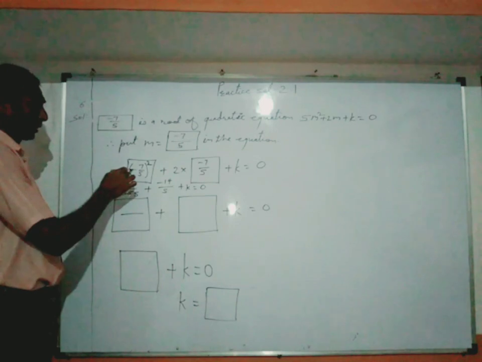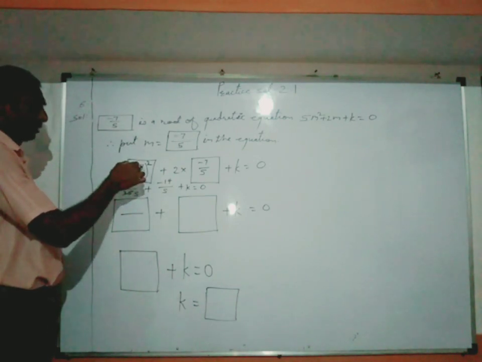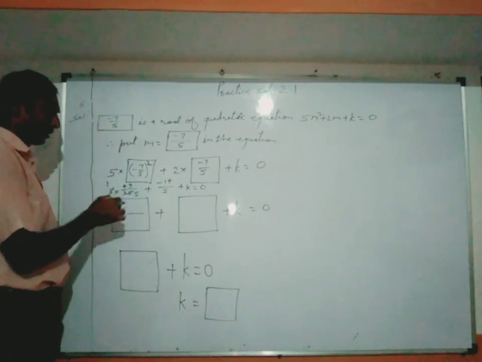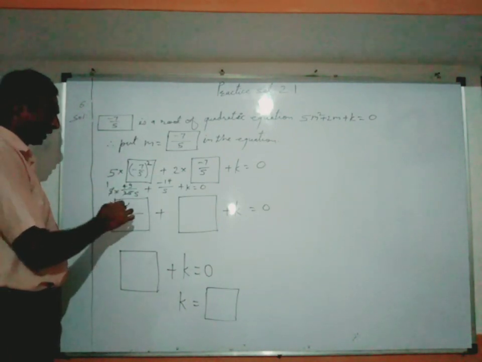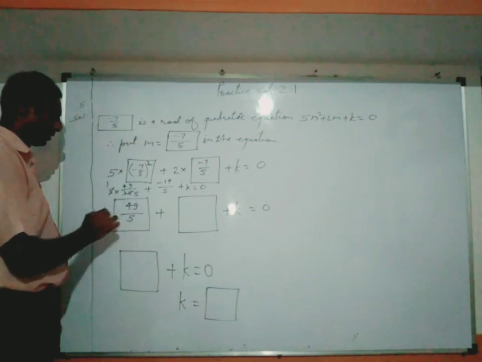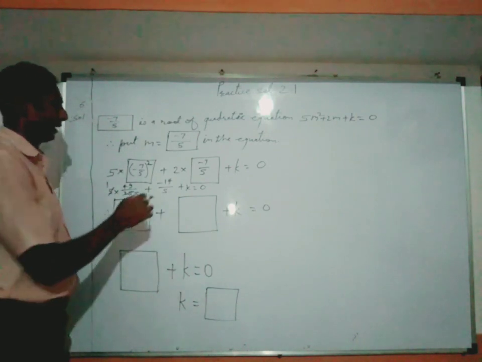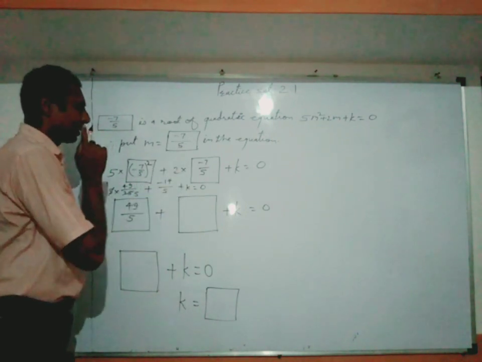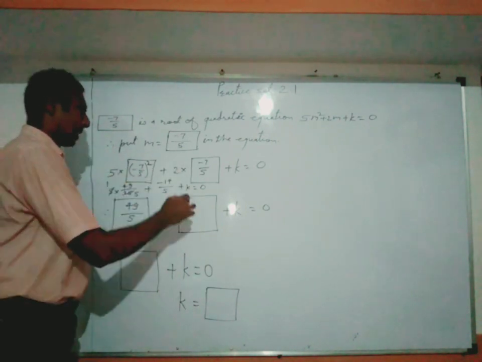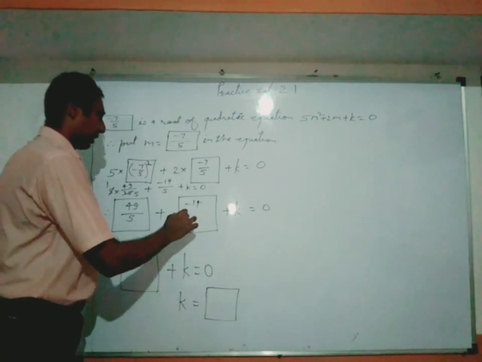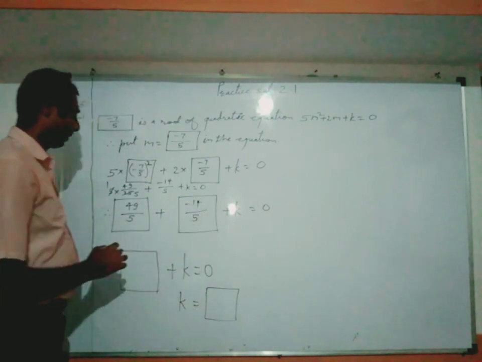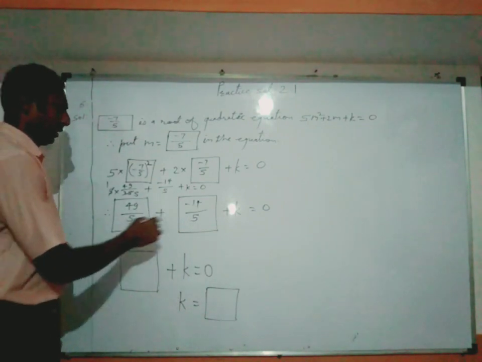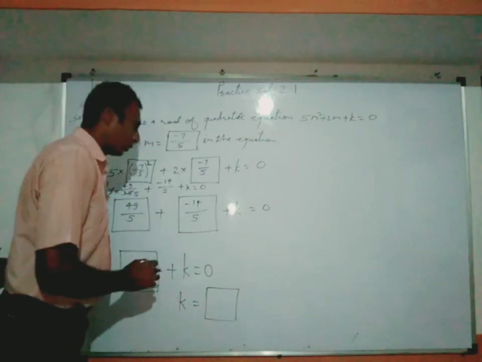Here square of minus 7 was 49, and 5 ones are 5, 5 fives are 25. That's why the resultant will be 49 upon 5. And here 2 sevens are 14, minus 14 upon 5. 49 upon 5 plus minus 14 upon 5 plus k equal to 0.